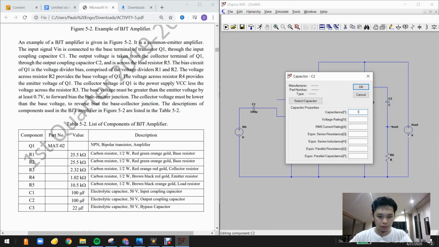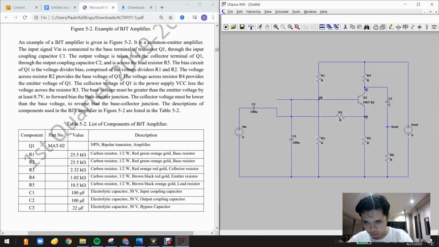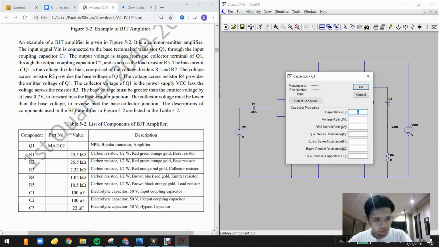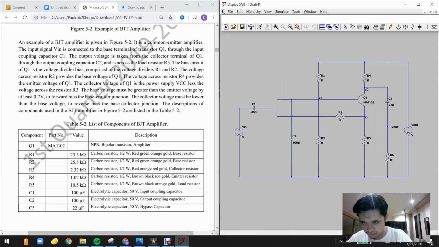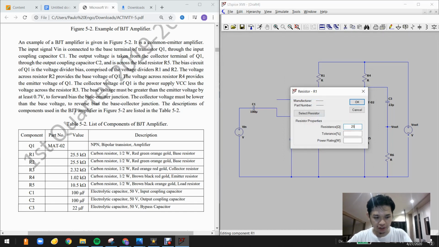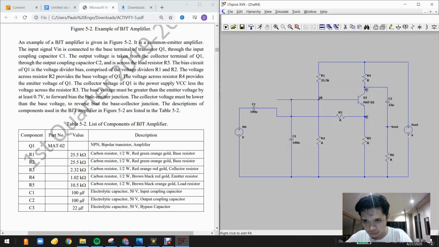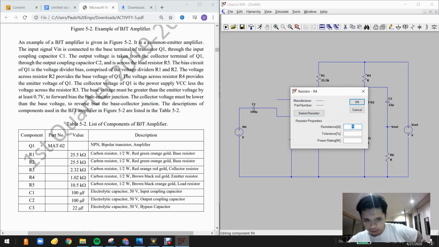Second one is the same thing. Third one is 22, or one is 25.5 kilo ohms. R4 is 1.02 kilo ohms. Oops.